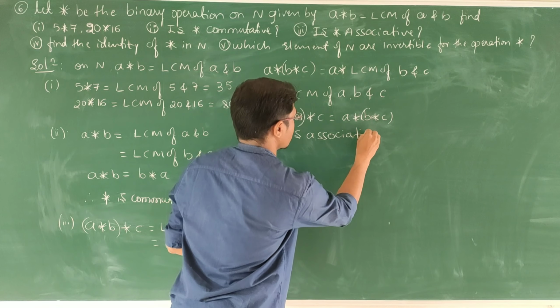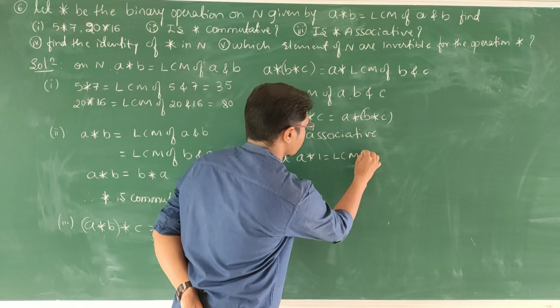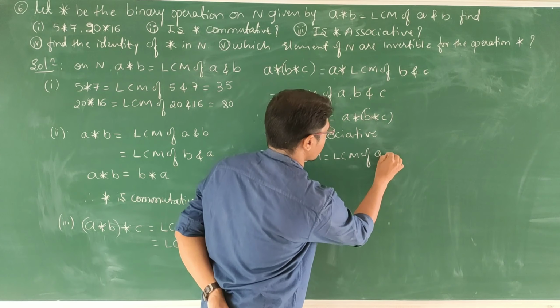Next one is find the identity of star in N. Fourth question, we have to find the identity of star in N. Identity is the element which, when operated with any other element, gives that element back. Let a star 1 equal the LCM of a and 1.